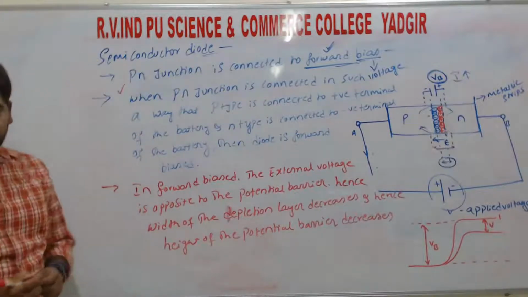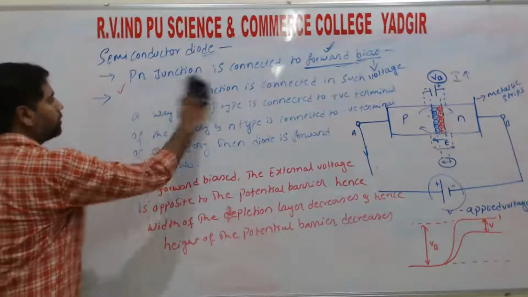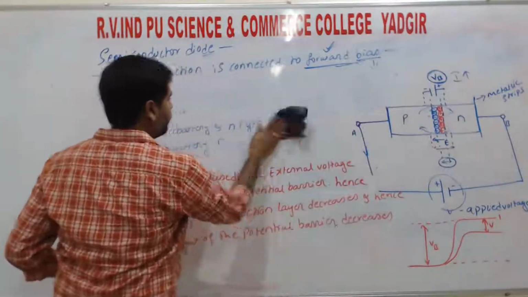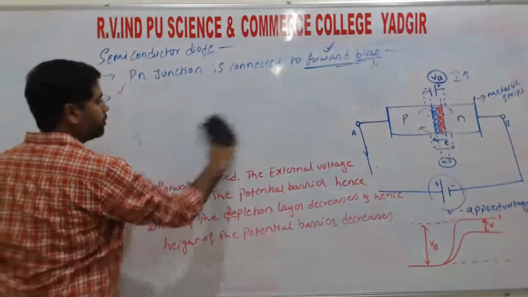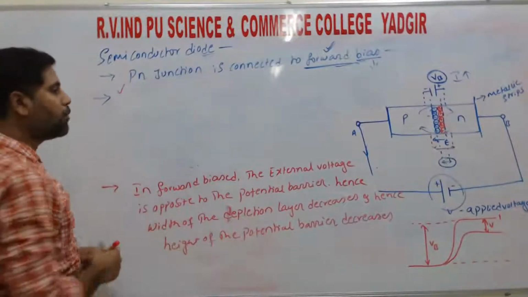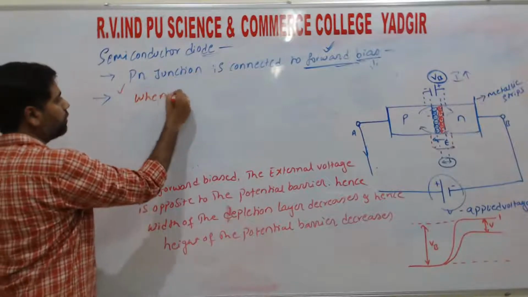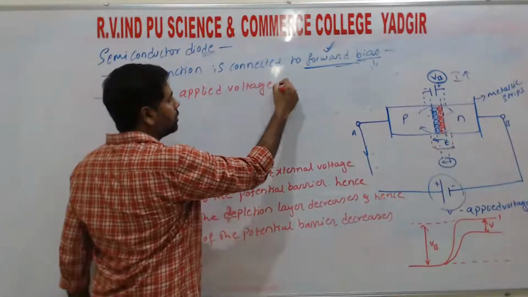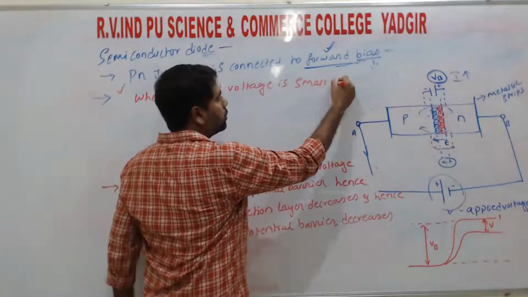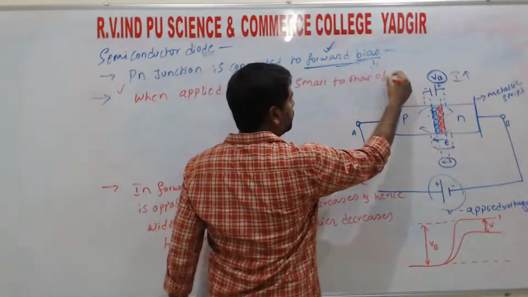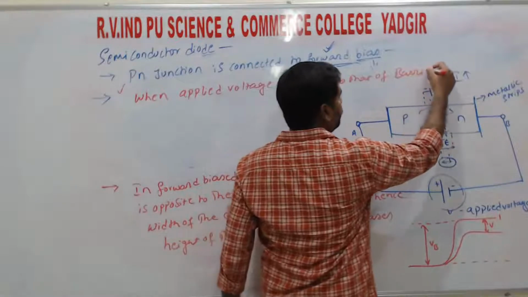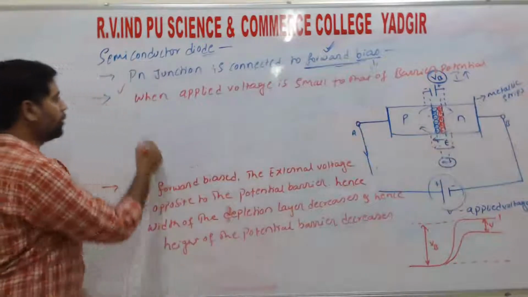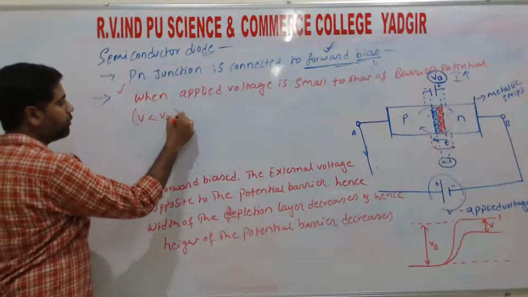So the next point is, when the applied voltage is small compared to the barrier potential, that means V is less than VB, V is less than VB.